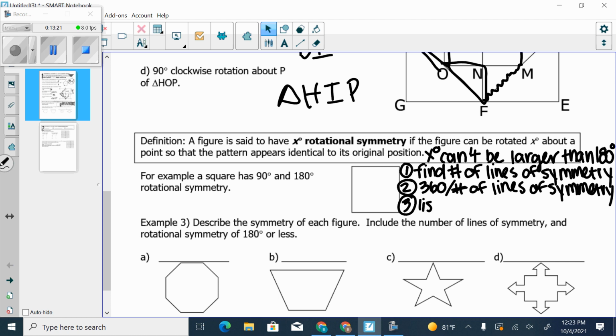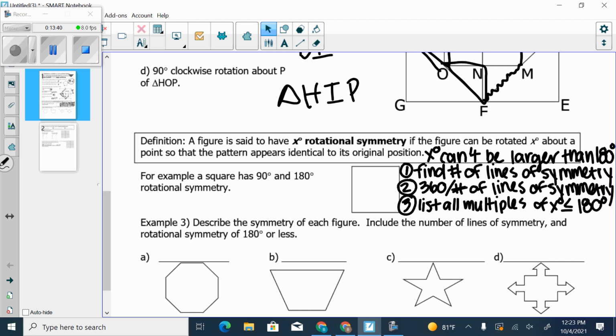So list all multiples of your x that are less than or equal to 180 degrees.